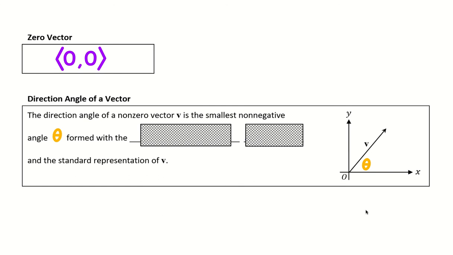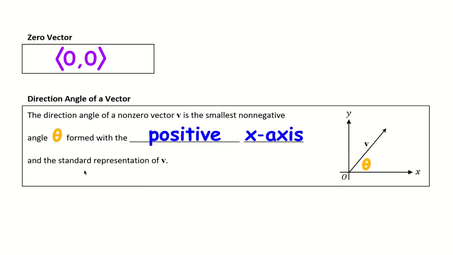A little more trigonometry. The direction angle of a non-zero vector is the smallest non-negative angle formed with the positive x-axis.